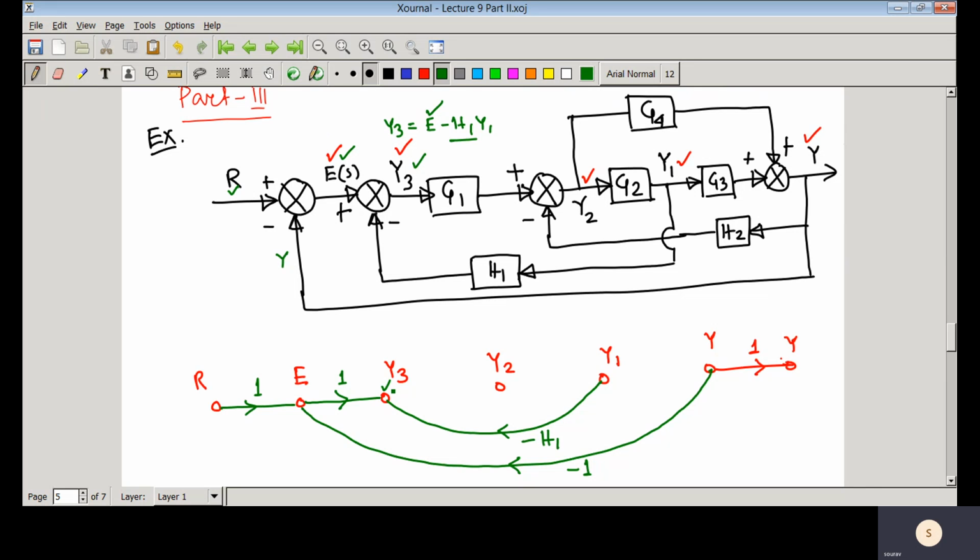Similarly, you can see Y2. So Y2 equals G1 Y3. That means there would be one branch and its gain is G1.